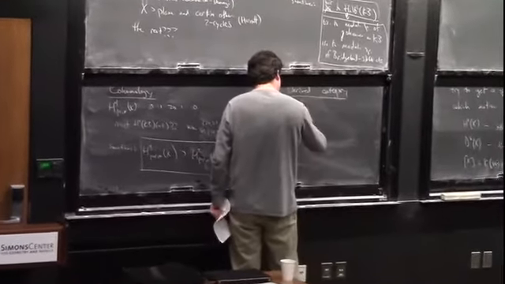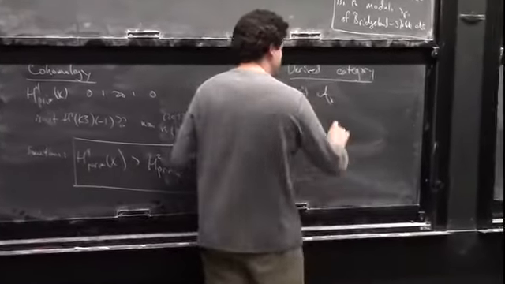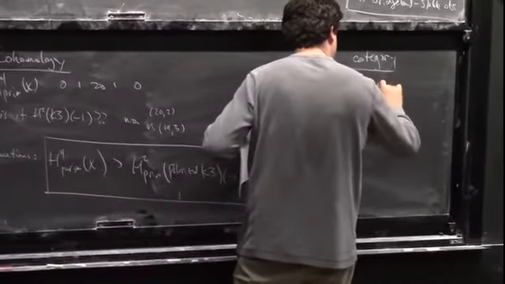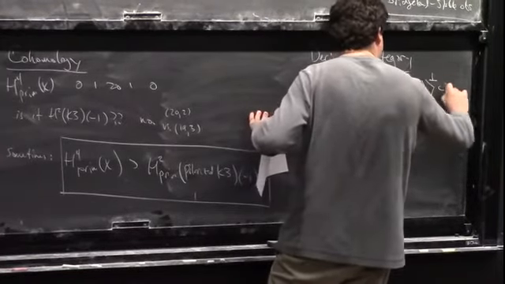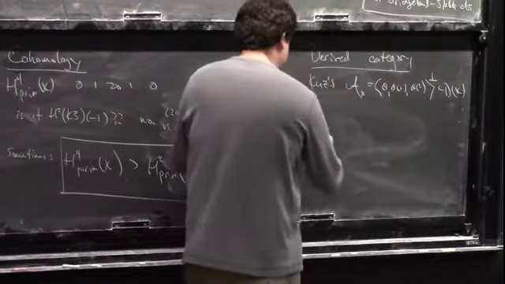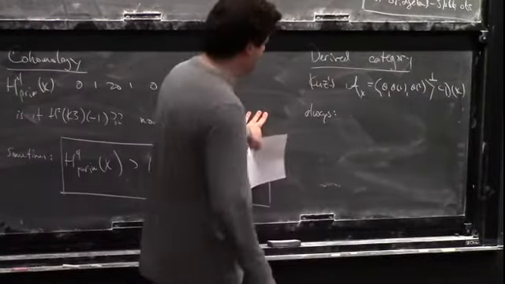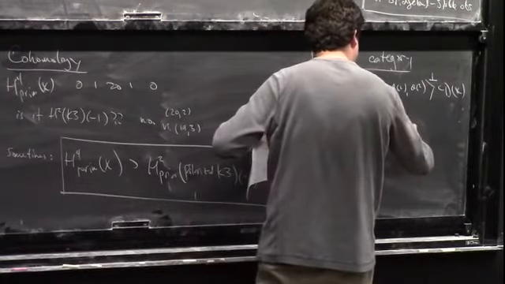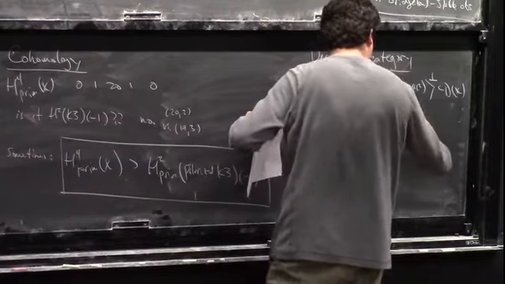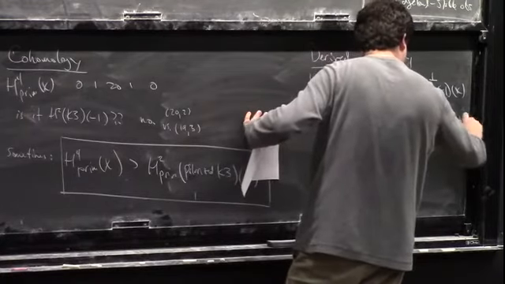So you have Kuznetsov's subcategory AX that you've heard about, and this is the orthogonal to three line bundles in the derived category of X. And always the Serre functor is the shift by 2, and the Hochschild homology and cohomology are the same as for K3.